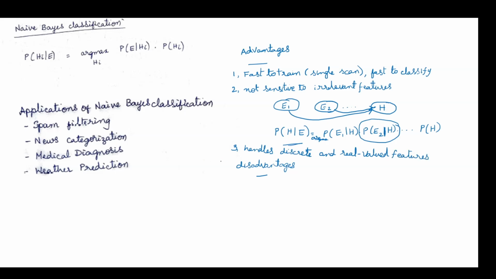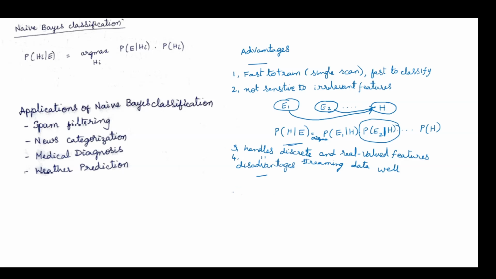One more thing to note is that naive Bayesian classification handles streaming data very well. Data whose attribute values keep changing very quickly is also handled well by naive Bayesian classification.